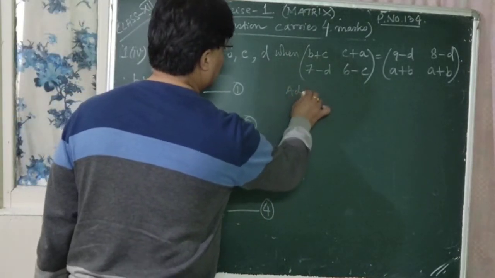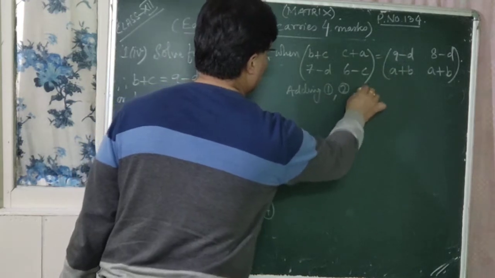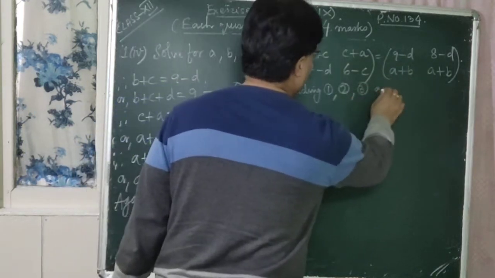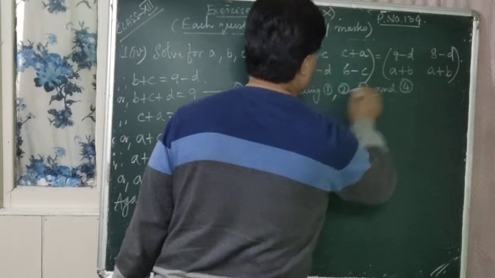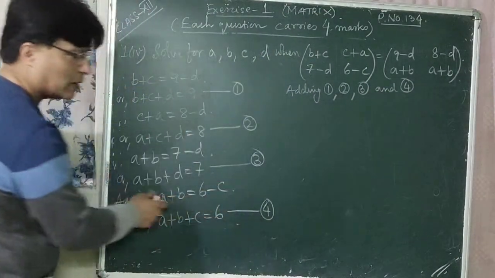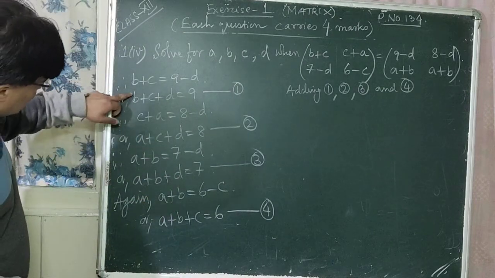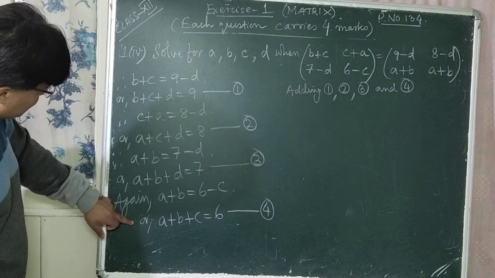So let us add them, 1, 2, 3 and 4. If you add all these 4, the left hand side should be added, that is this plus this plus this plus this, right?